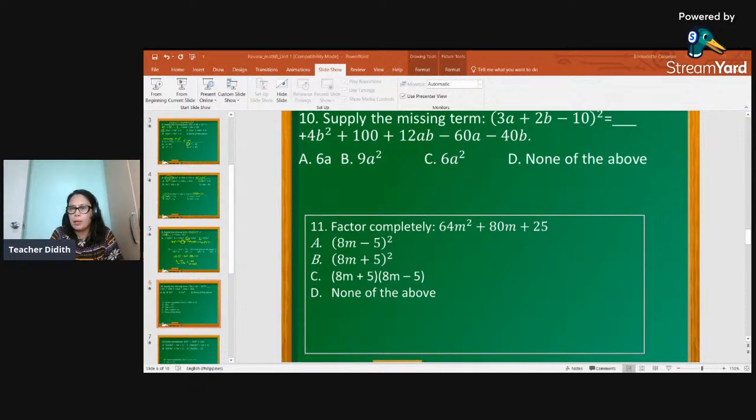So, we have quantity 8m plus 5 quantity squared, no? So we have letter B, correct? Okay. So ganito yung mga question, no, na lalabas sa long test ninyo. Okay?